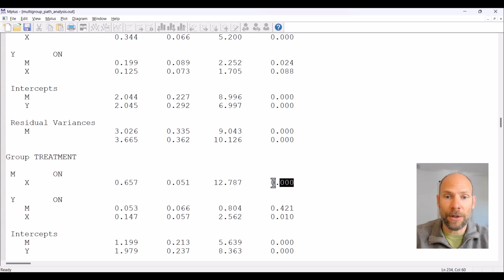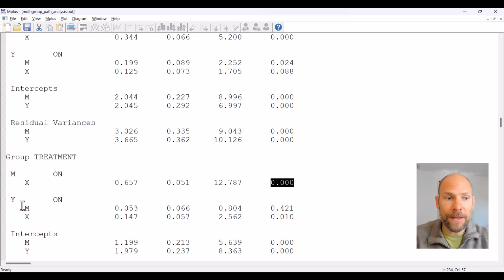You can see this is also statistically significantly different from 0. We don't know if this is a statistically significant difference between these coefficients yet, because we don't have a formal test of that in this output, but I will show you later how you can formally compare those coefficients in the Mplus software.